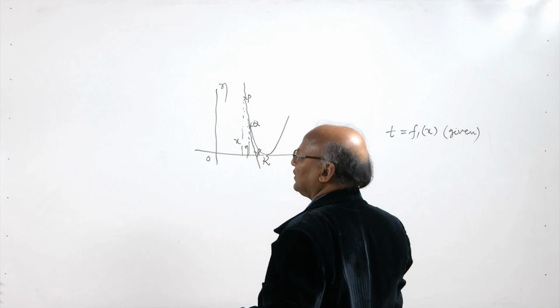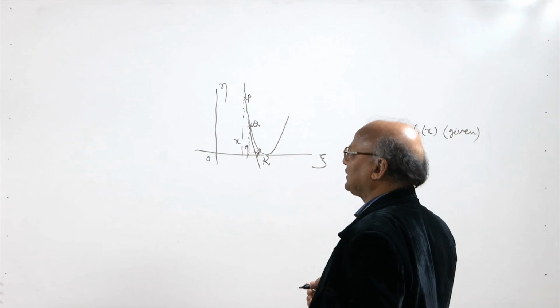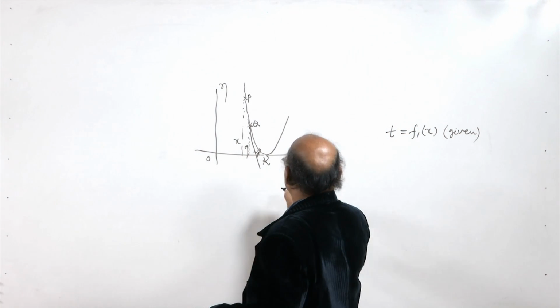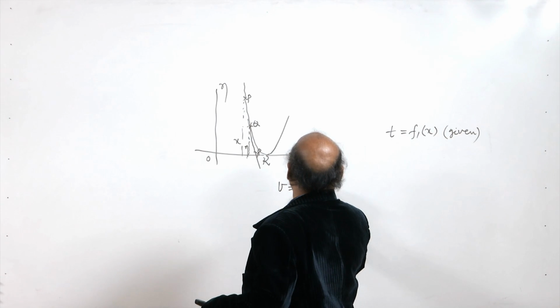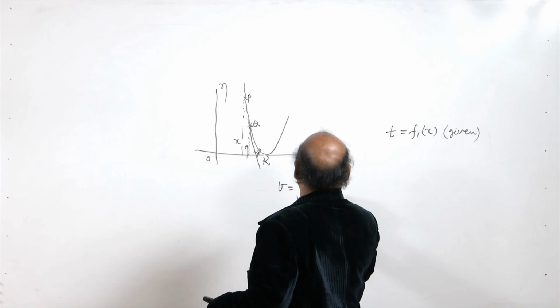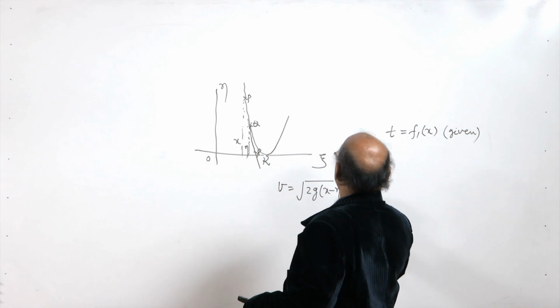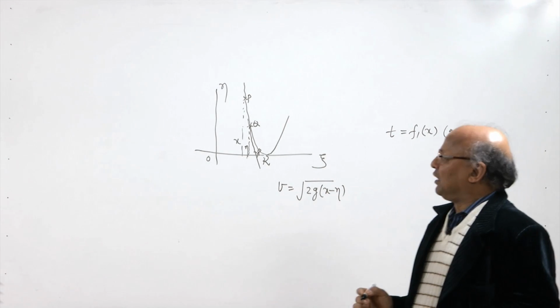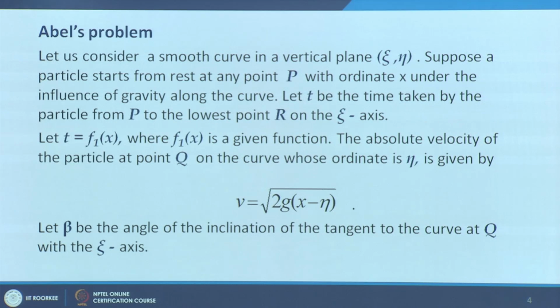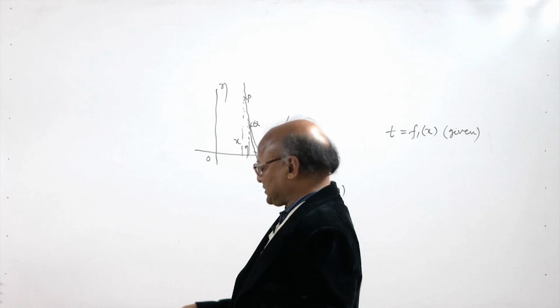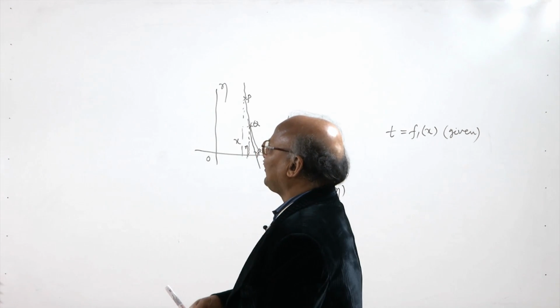So, the absolute velocity of the particle at the point Q will be given by v equal to under root 2gh, that is, under root 2g times (x minus eta). Now, let beta be the angle of inclination of the tangent to the curve at the point Q with the y axis.